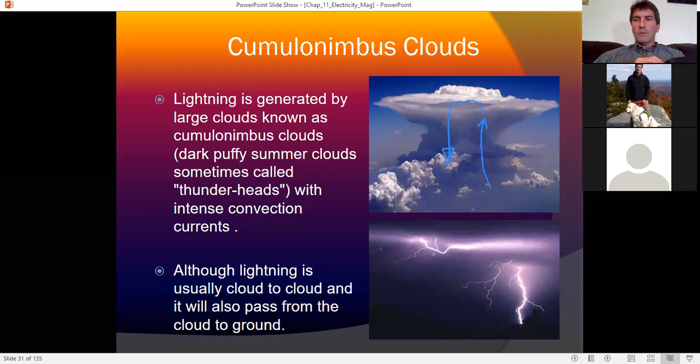And although this seems strange, inside the cloud you have these ice crystals. Draw a little snowflake there to represent the ice crystals, which are rubbing against one another and pulling the charge from the bottom of the cloud, putting a whole bunch of positive charges at the top, normally, and pulling a whole bunch of negative charges toward the bottom. And it becomes a big Van de Graaff generator.